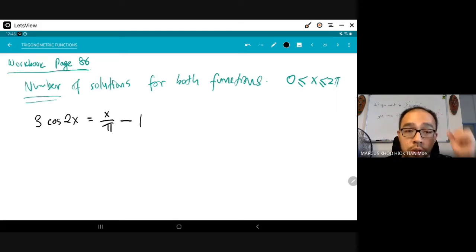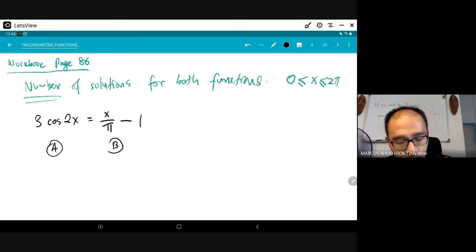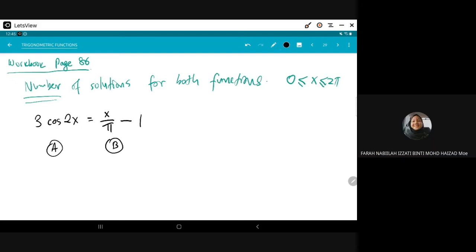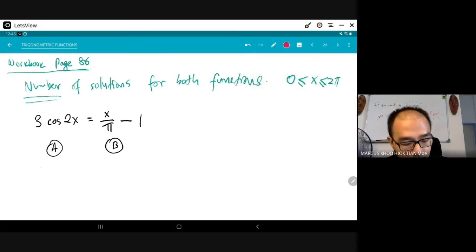If you are given this situation, the first thing you need to do is identify which is the trigonometric function. Option A, option B. Which is the trigonometric function? A. Very good. A is the trigonometric function, and B is the algebraic function.